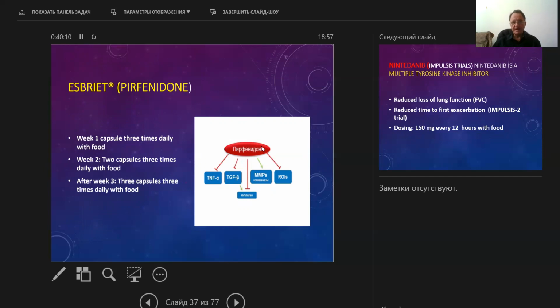Its mechanism of action is antifibrotic: a blockade of transforming growth factor beta, a crucial cytokine which supports and accelerates fibrosis of the lung. On the schedule of treatment, after 3 weeks the patient uses 3 capsules 3 times daily with food.